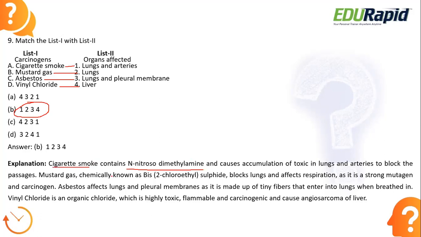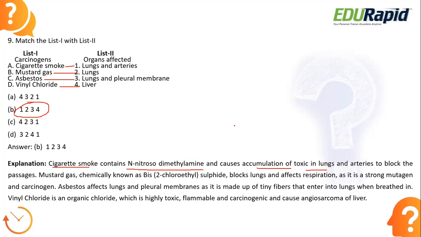Now, if a person is exposed directly or indirectly to the smoke, and they are inhaling the same smoke, specifically this chemical enters the respiratory tract. And if it enters the respiratory tract, it can get accumulated, because it is completely toxic to the lungs as well as the arteries that we have. Usually we know that near the alveoli of our lungs, blood vessels, that is the capillaries, are attached.